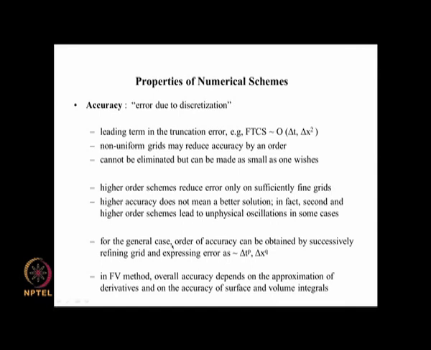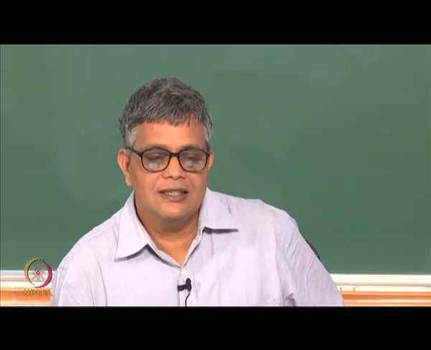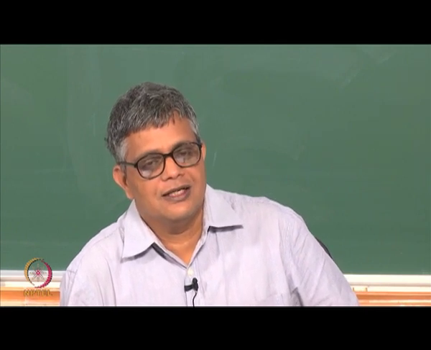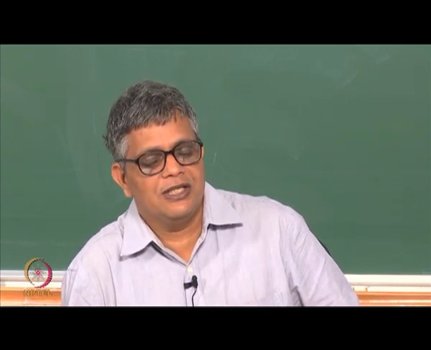In the general case, the order of accuracy can be obtained by successively refining the grid and expressing error as varying with respect to delta t to the power p and delta x to the power q. So if it is difficult to find the order of accuracy analytically, and you are looking not at the order of accuracy for a particular derivative but for the solution, then you could compute the solution on successively finer and finer grids, and take the finest grid as the best solution.